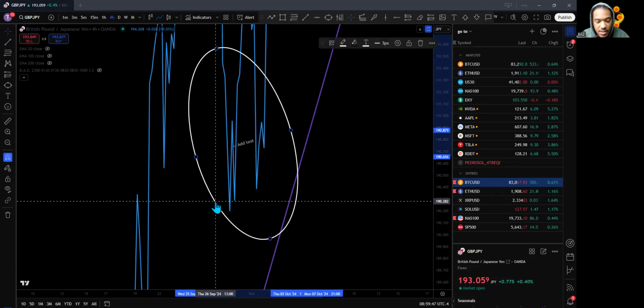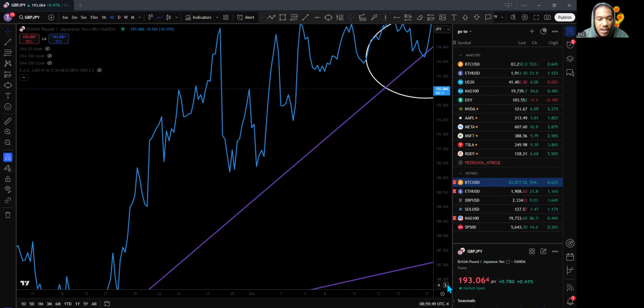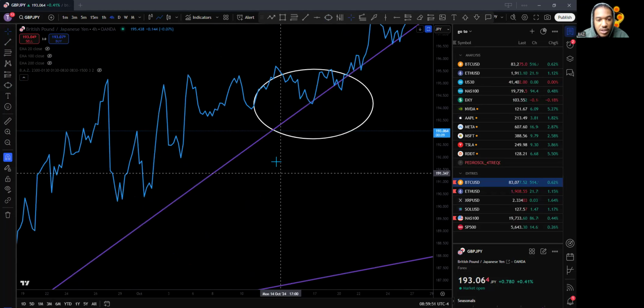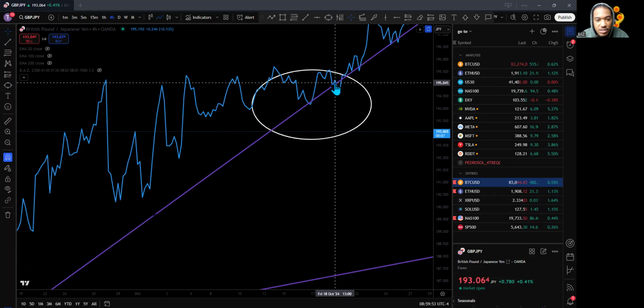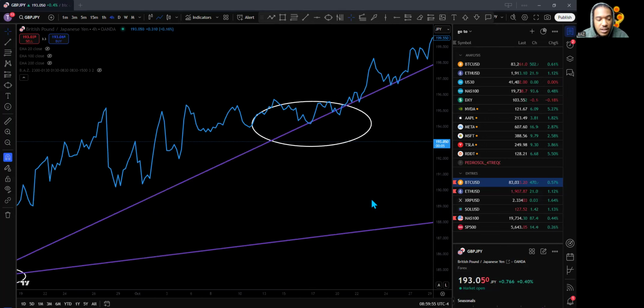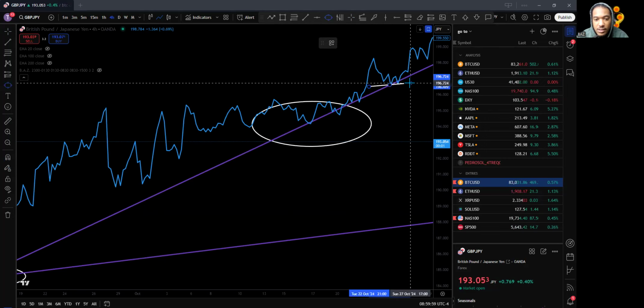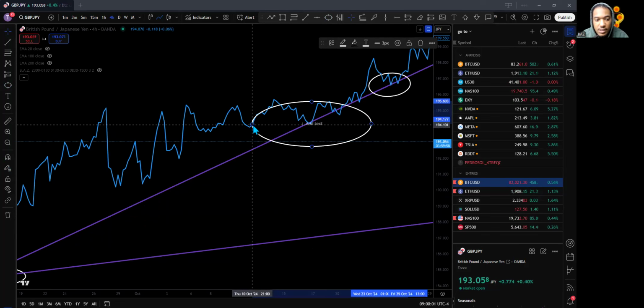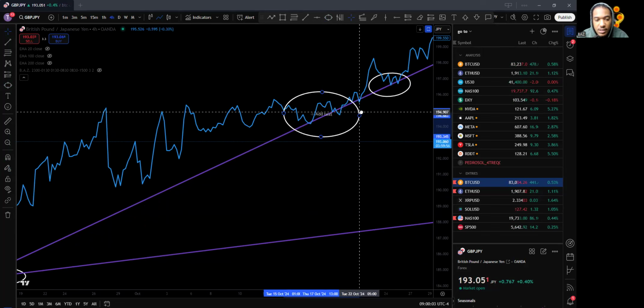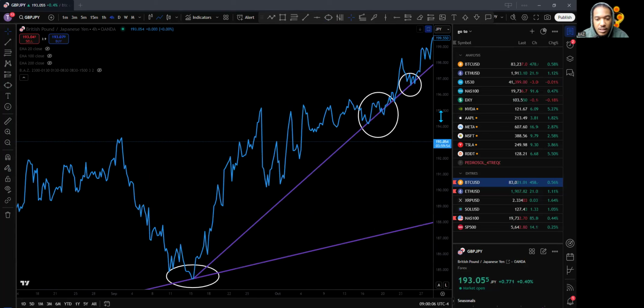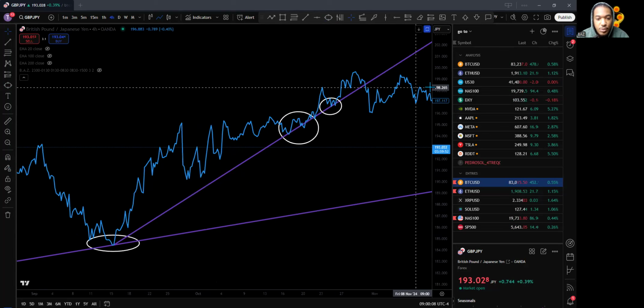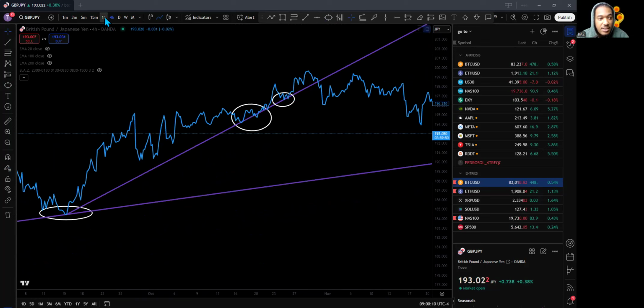The trend line is not quite touching there. So those ones don't count as points, but I do have multiple touches over here. So this could be what's considered a sub trend line.